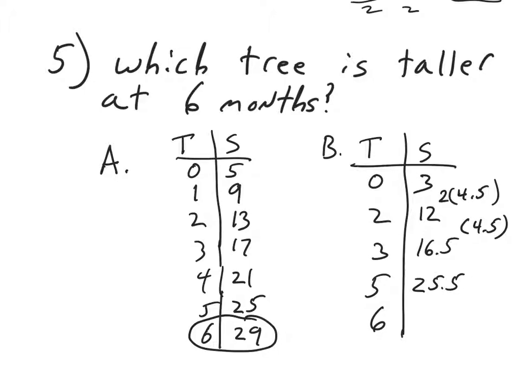And we're only going 1 month for that one. For the next one, we're going from 3 to 5 months, and we're going from 16.5 to 25.5. So in 2 months, it's going 9. So it's 4.5 again. So what I need to do is add 4.5 to 25.5 and see what I get. Okay, that's going to make 30.